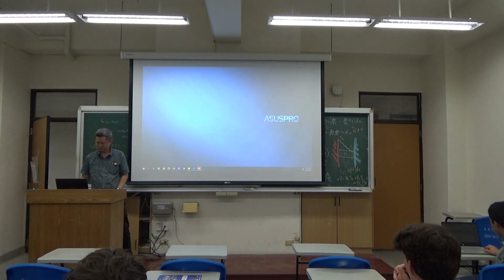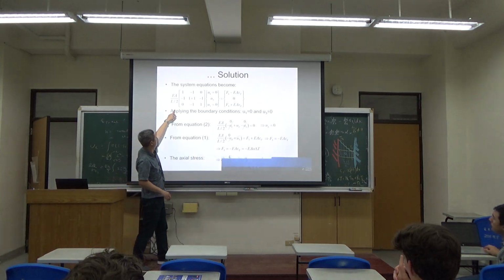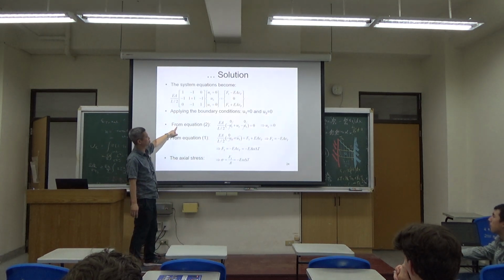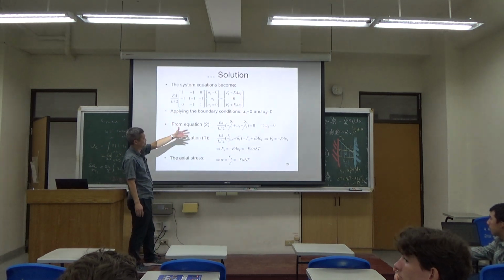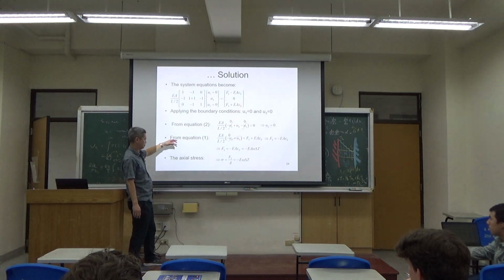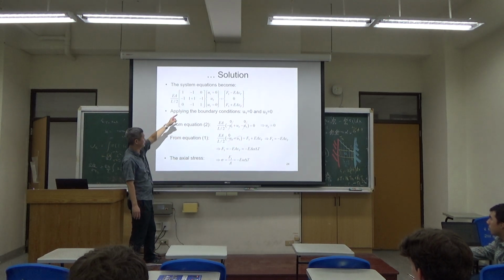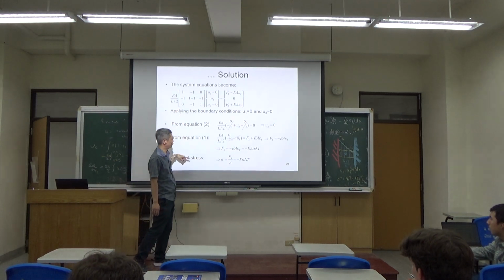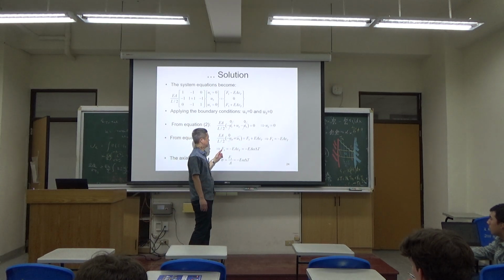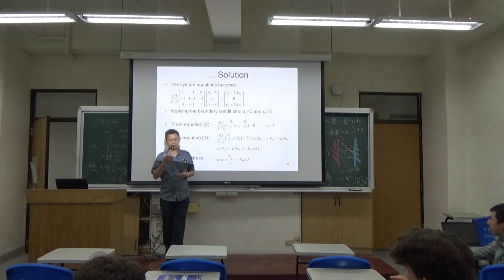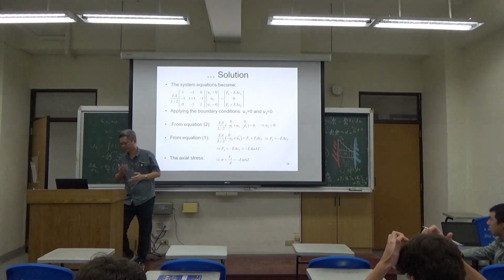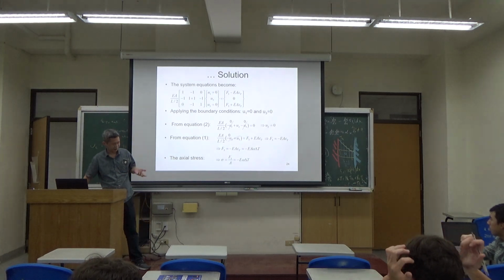After you have written this, you find that you only need to solve equation 2. And it turns out equation 2 is 0. And since equation 2 is 0, you can do the substitution back into equations 1 and 3, so that you can find out the reaction force. And then the reaction force divided by the cross-sectional area will give you the axial stress.